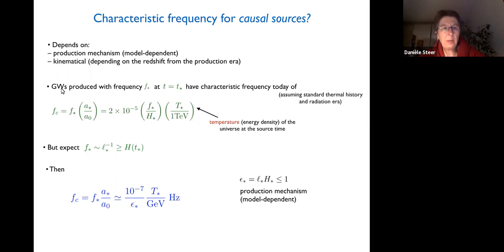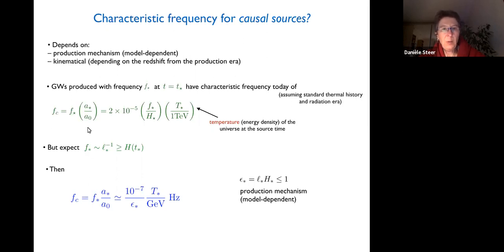So if we look at gravitational waves produced with a frequency f star by a source which is operating at time t star, then we can estimate their characteristic frequency today simply by redshifting the frequency. So the characteristic frequency today would be the frequency at which they're formed times the ratio of the scale factor at the time of formation over the scale factor today.